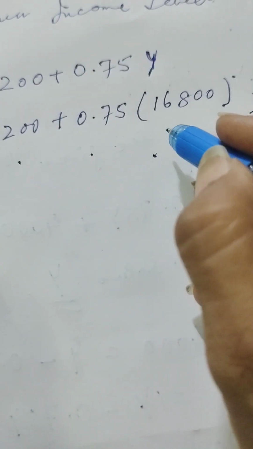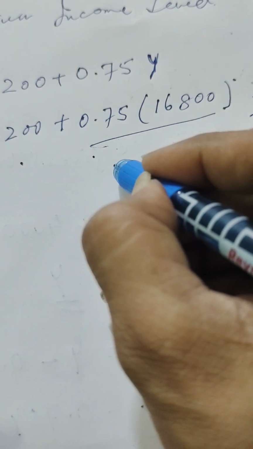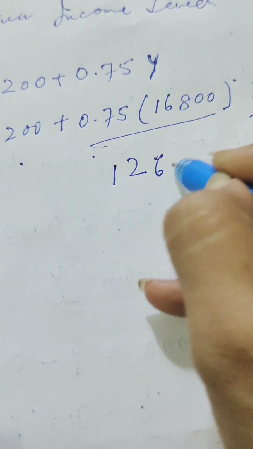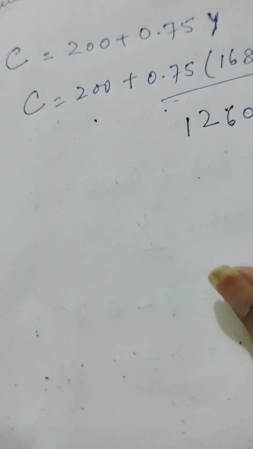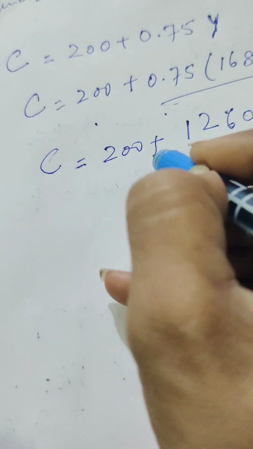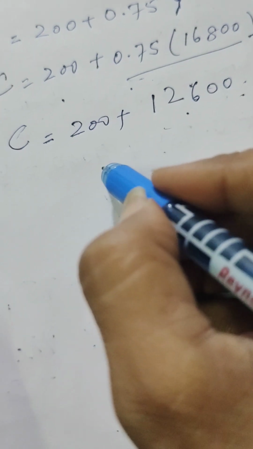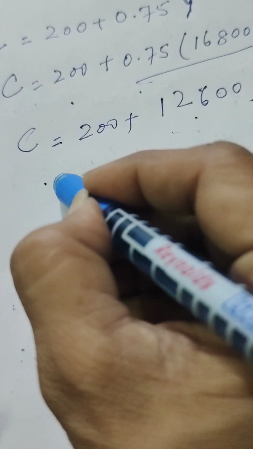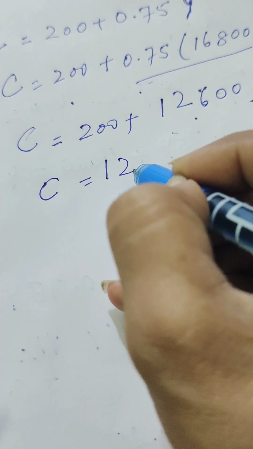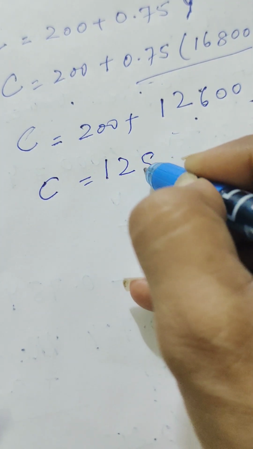So this comes to 12,600, right? Now C is equal to 200 plus 12,600. So what do we do? So consumption is equal to 600 plus 200 will become 800.